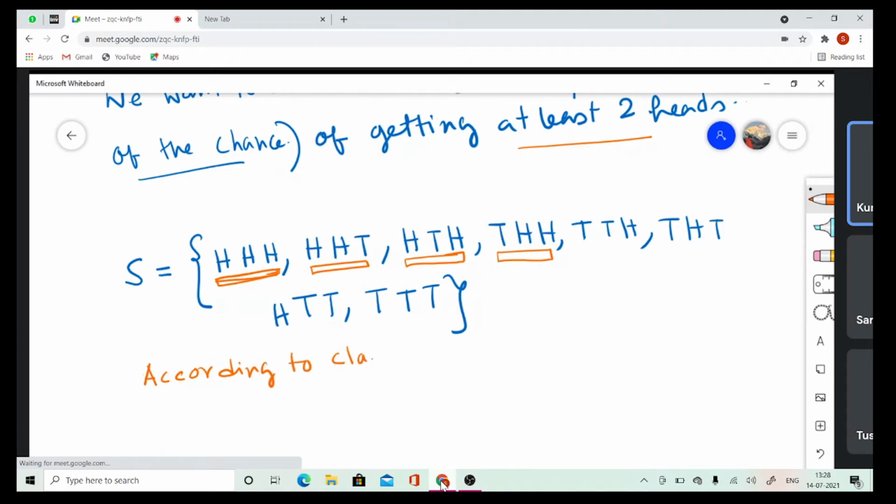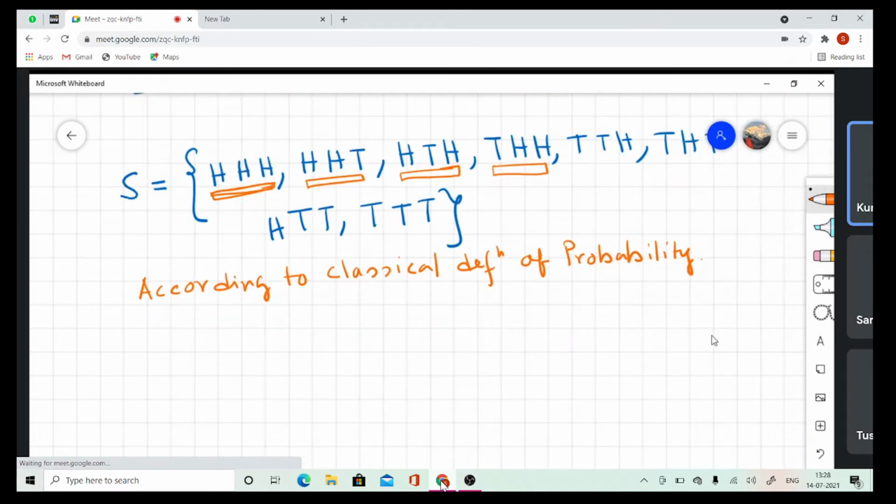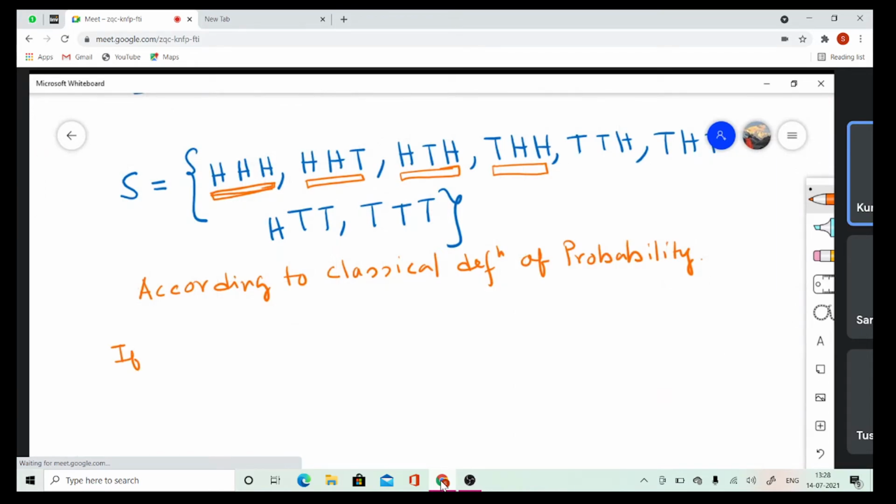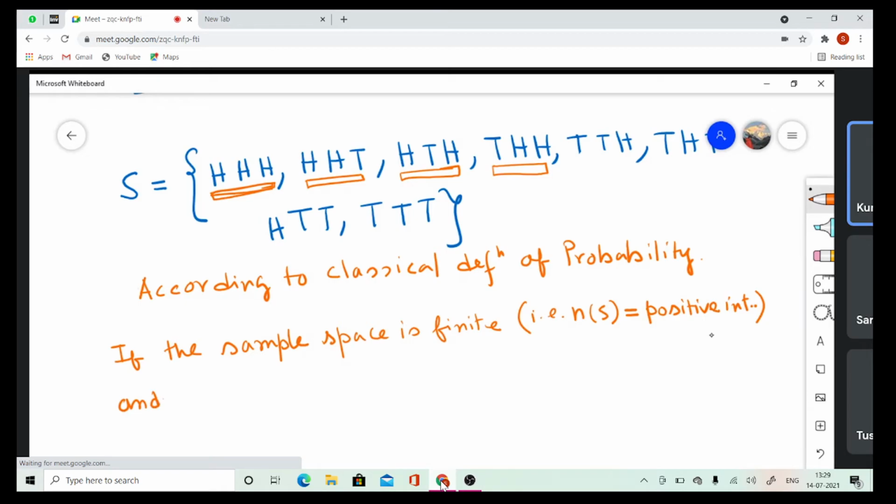According to the classical definition of probability, if the sample space is finite, which means the cardinality of the sample space, or the total number of members inside the sample space, is a positive integer. And it has a second condition.